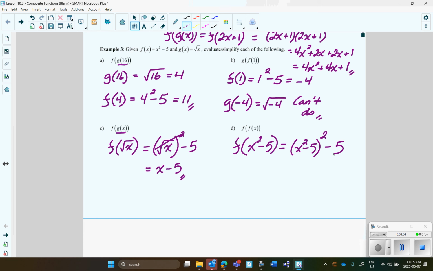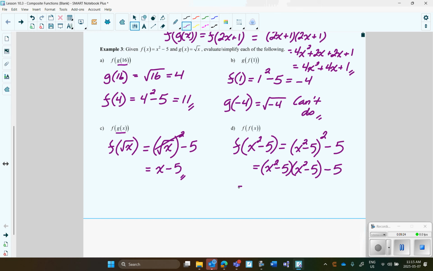Well, remember, when we square something, that means to multiply by itself. So it's x squared minus 5 times x squared minus 5. And then after I do that multiplication, I subtract 5.